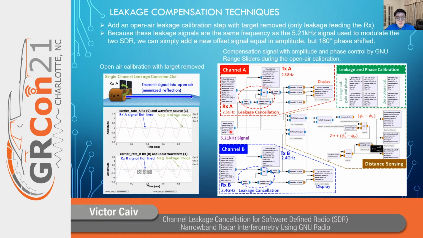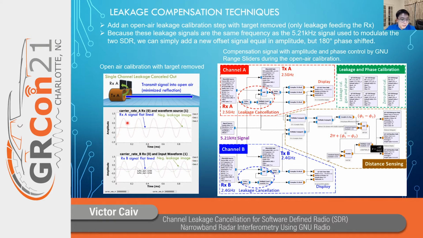So with a similar technique as the last slide, we can take a bit of the transmit and adjust these amplitude and phase parameters, and then add that into the receive portion so that this transmit can exactly cancel out the leakage, and then we don't have to worry about that. So we do that for both channels.